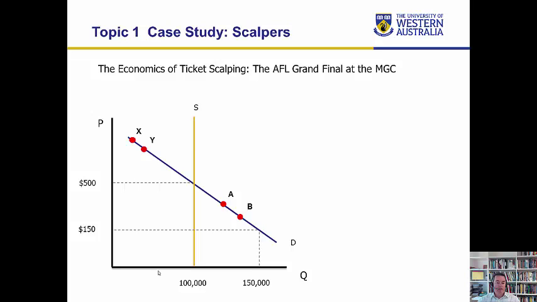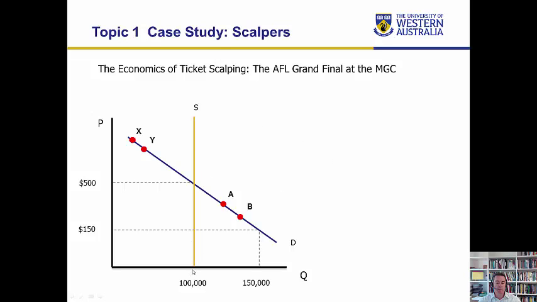Okay, now first of all, we know that ticket scalpers set a price well below equilibrium. So how do we know that the price is actually below equilibrium? Well, let's just imagine we are thinking about the AFL Grand Final for this coming year.